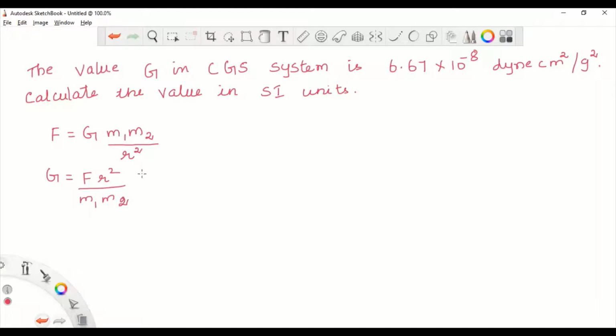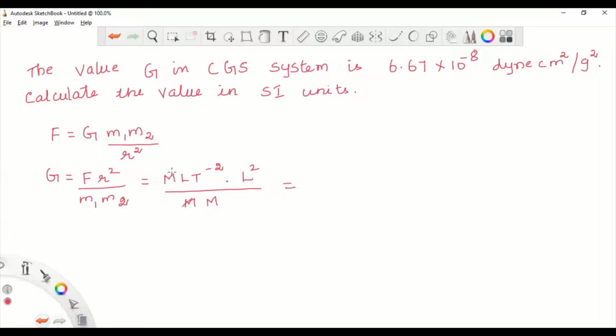Hope all of you remember the dimensional formula of force. What is the dimensional formula of force? M L T power minus 2, into L power 2, the dimension of R, that is distance, and the dimensions of mass, M into M. So what will you get here, children?